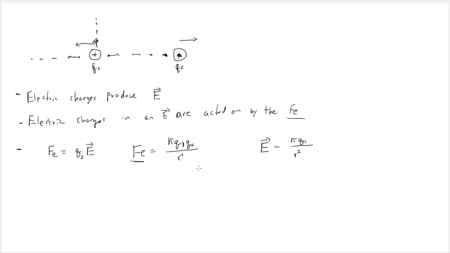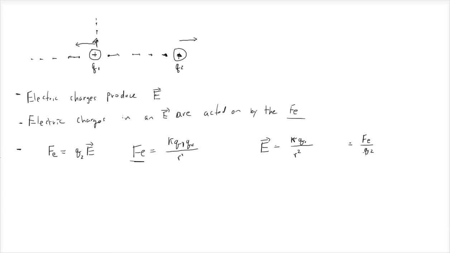So what does that really mean? What does K Q1 over R squared really mean? Well, this is just like acceleration due to gravity in a way. This is the electric force per charge. What it's telling you is that Q1 has created this electric field all around it, and it gets weaker as you get further away.